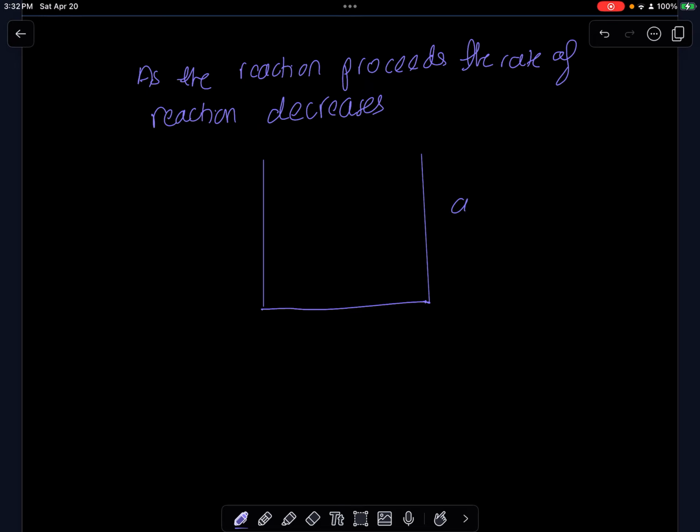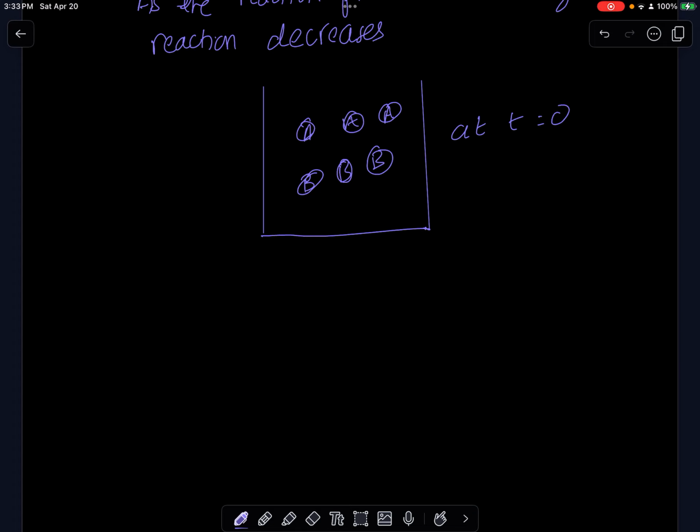So let's say we take this at time t equals 0, and we have 6 moles of reactant. So A, and then B. So A plus B makes C. So this is at time t equals 0. Let's say at time t equals 2, some of the A and B have been converted into C. So if A plus B goes to C, then what we will have is the following.